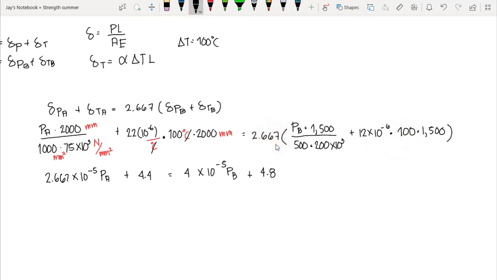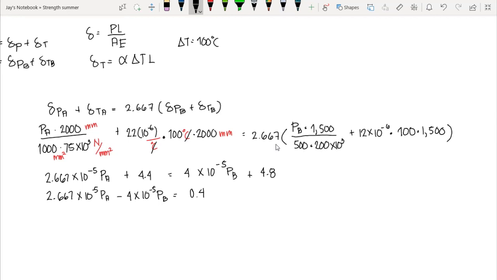So rearranging our equation, we could have 2.67 times 10 raised to negative 5 PA minus 4 times 10 raised to negative 5 PB is equal to 4.8 minus 4.4, which gives us 0.84.